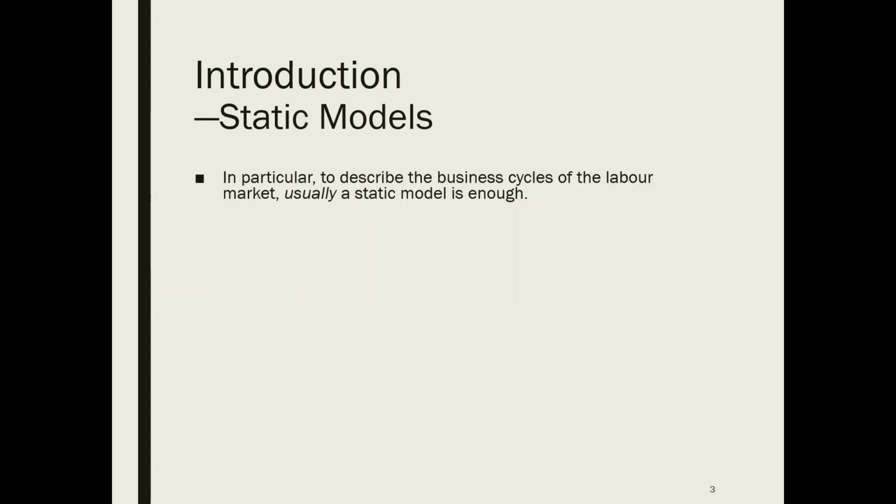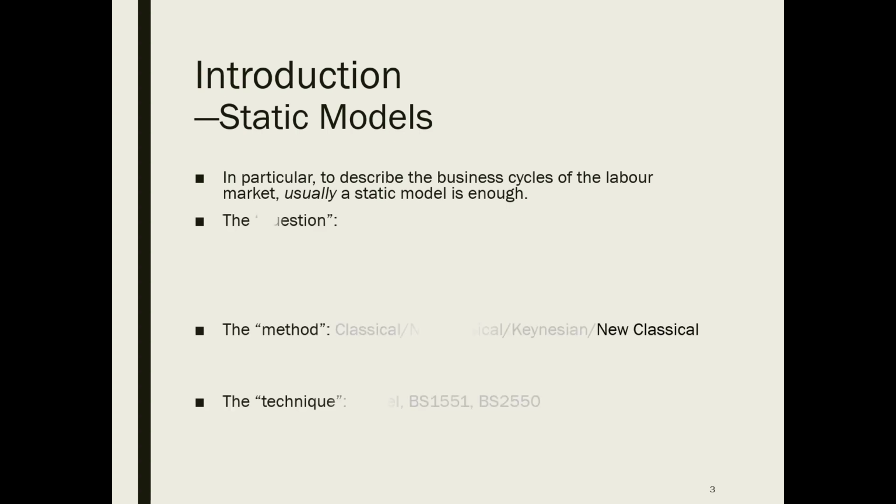We adopt static models to explain business cycles in the labor market because decisions in the labor market are usually static, which means that decisions made today do not affect future periods. The question is to explain stylized facts of business cycles in the labor market.